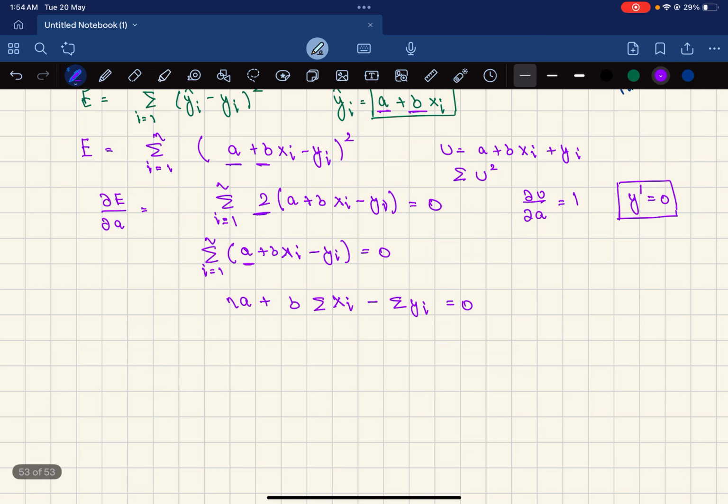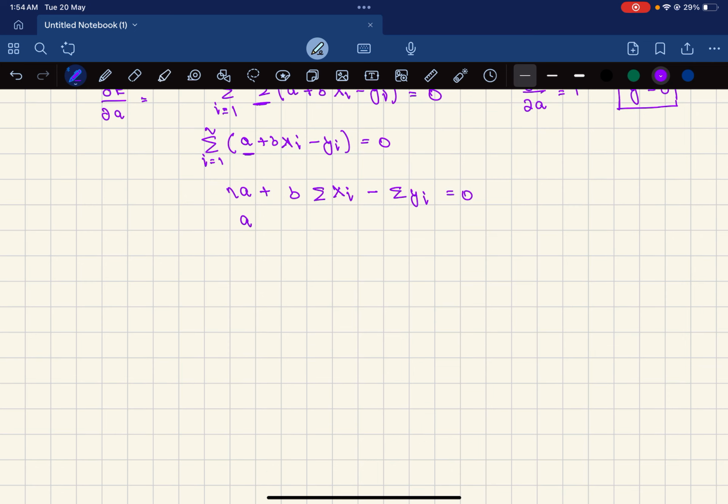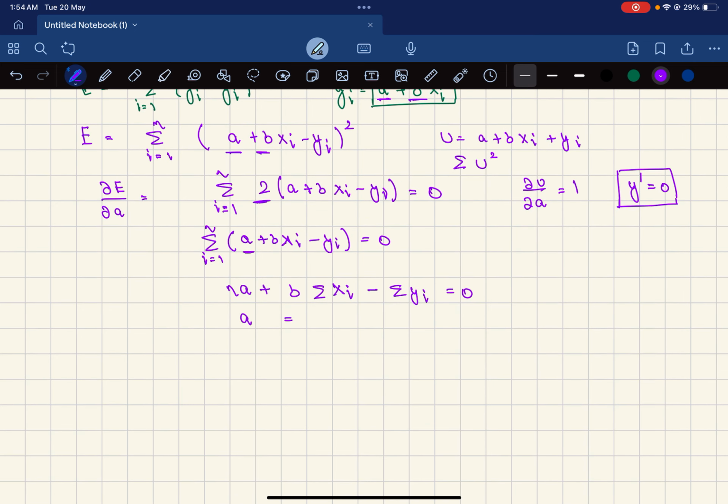Now we can write the value of a here as summation yi minus b summation xi upon n. So this is the value of a in terms of b.